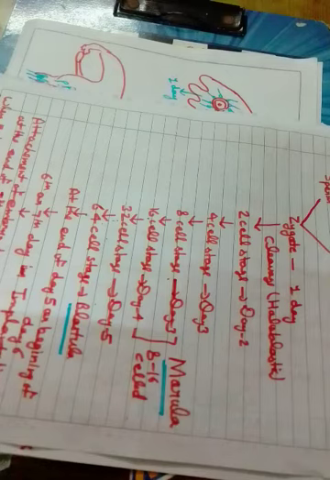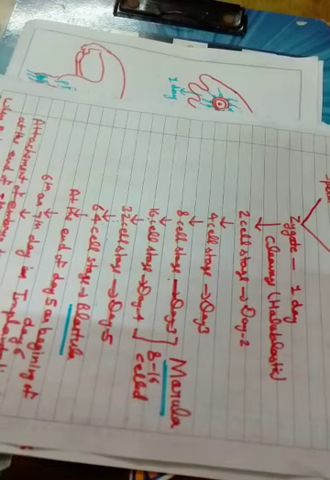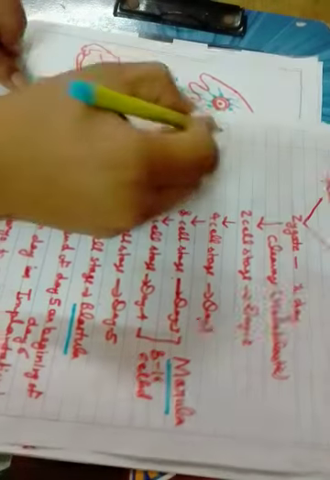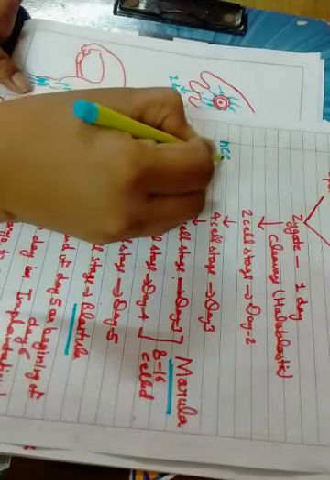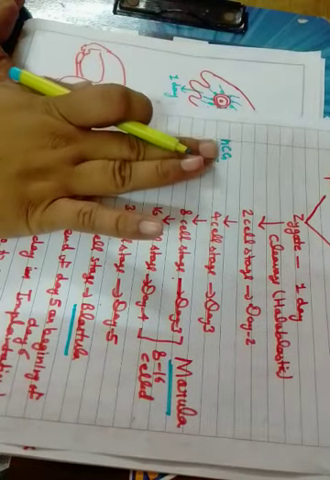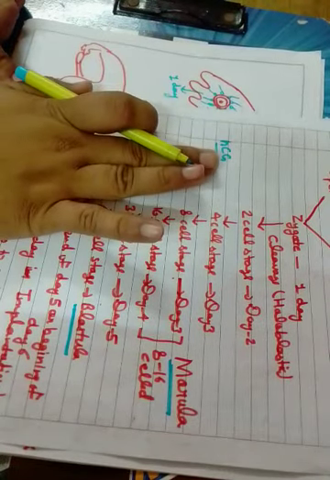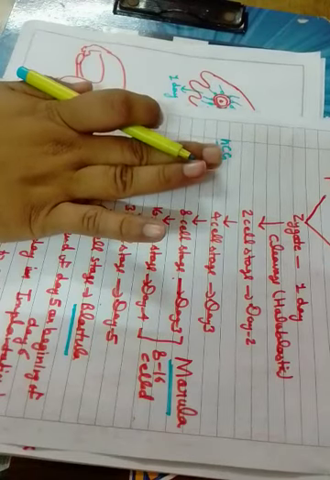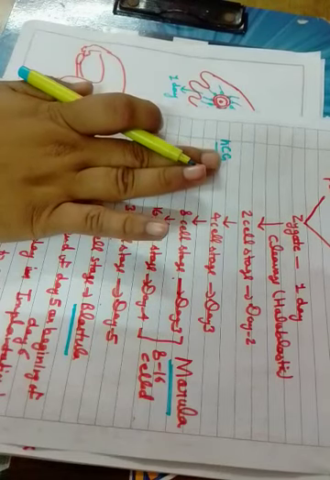Now the embryo is completely submerged in the endometrium lining at the end of the second week. Now that is very important, HCG hormone is synthesized and secreted at the end of the first week, with significant production at the end of the second week.